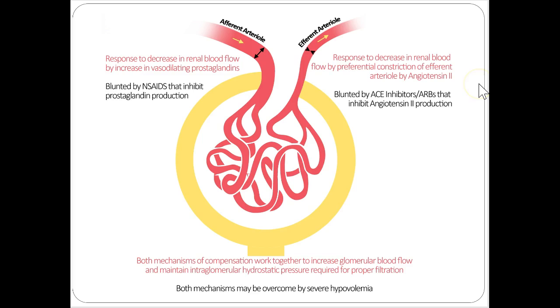It responds to decreased renal blood flow by preferential constriction, and that's all managed by angiotensin II. If you're decreasing the production of angiotensin II via an ACE inhibitor or blocking its effects via an ARB, you're going to prevent that from happening. So you're going to have a more dilated efferent arteriole. You're constricted coming in, so your flow goes down, and you can't build up pressure because your efferent arteriole is more dilated, and ultimately that can cause damage.